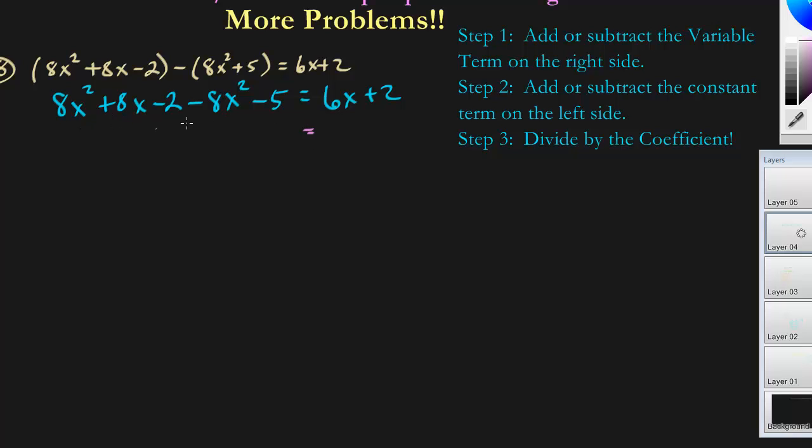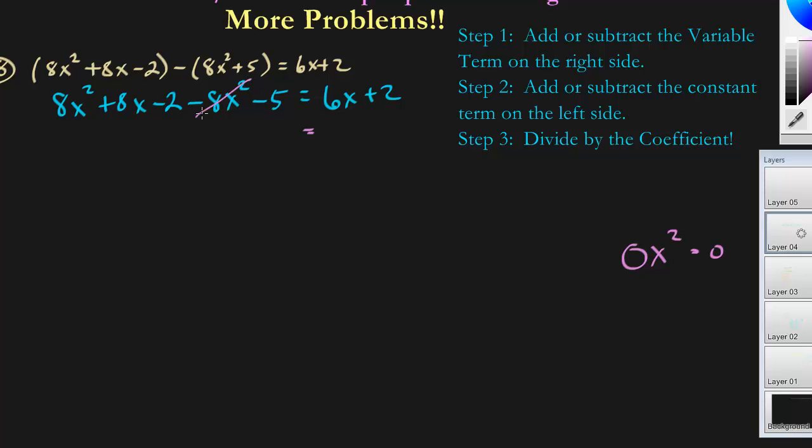Like the other one, we have stuff here that needs combined. Nothing over here. Those are unlike terms, and that's good to go. This, though, needs combined. So we got 8x squared and negative 8x squared. When combined, gives you 0x squared. Now remember, 0x squared is equal to 0, so we don't even write that.